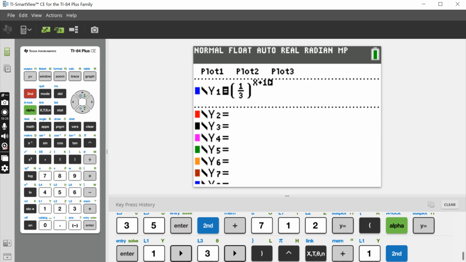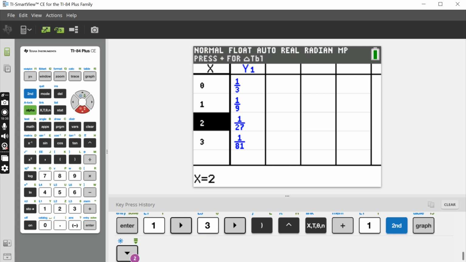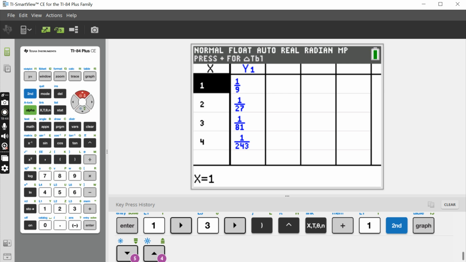What I can do is hit second and then the button that says graph or table. And I'm not looking at 0, I'm looking at 1, 2, 3, 4, 5. Those are my first 5 terms, as long as I start at 1. Okay, so 1 over 9, 1 over 27, 1 over 81, 1 over 243, and then 1 over 729.